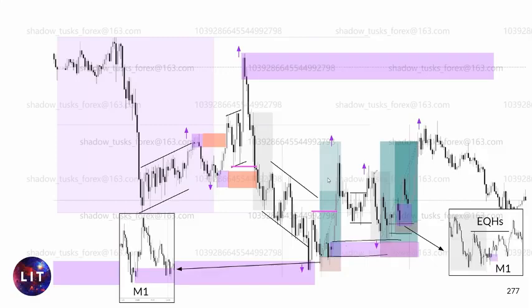What do we know about wicks? We know that lots of people see these as strong rejections. So it's going to hold. So we know that there's going to be a lot of stop losses above this. So this makes it prime to target for these longs, especially intraday, where we're coming towards the end of the day, London close.